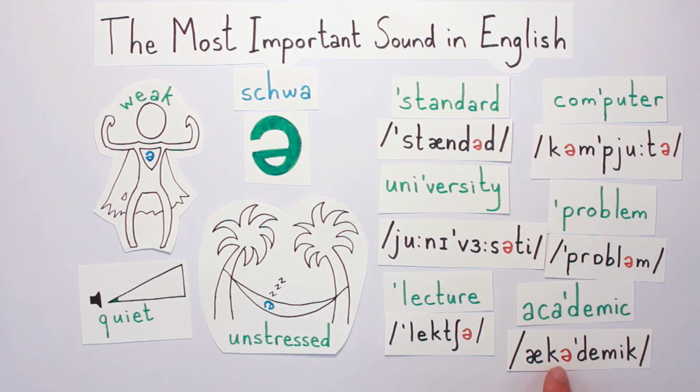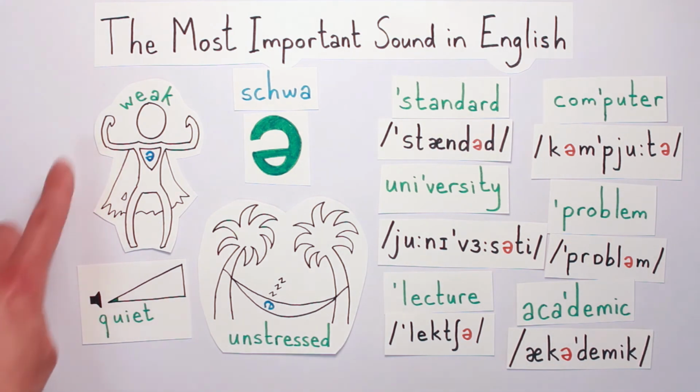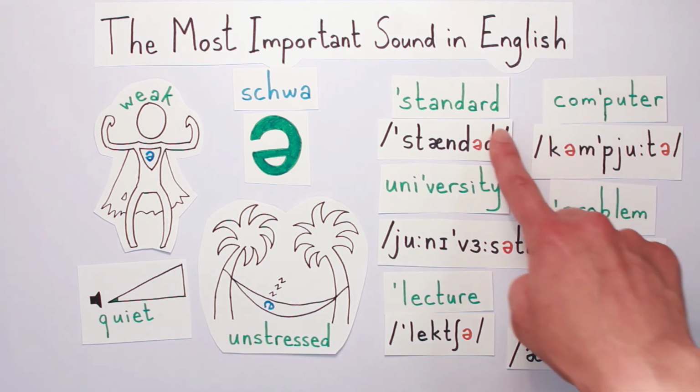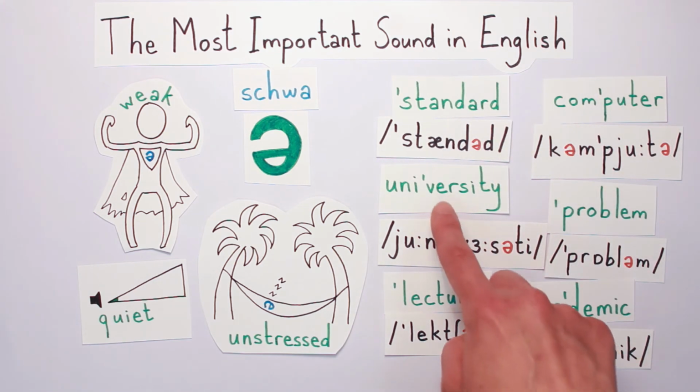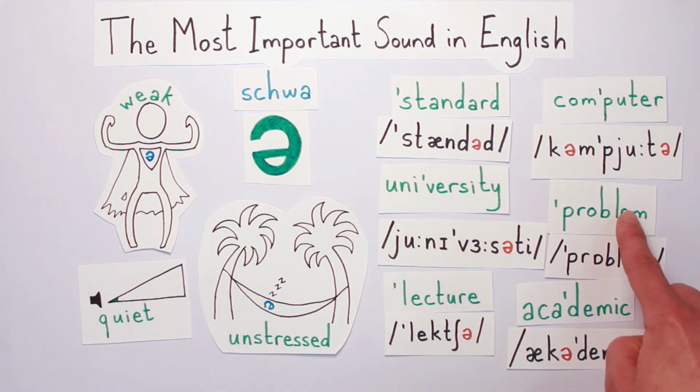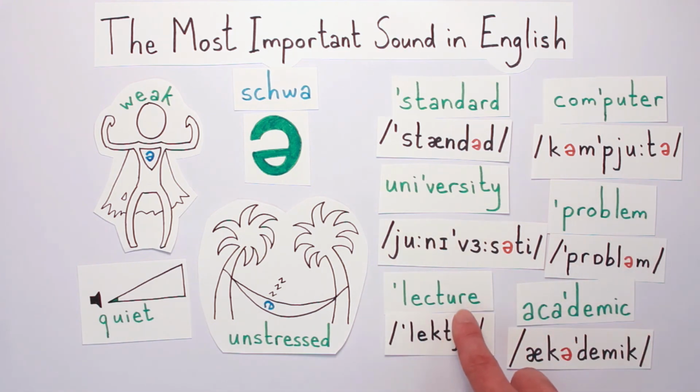Okay, here it is again. Here is that schwa. So it's a very small, weak, quiet and unstressed sound. And you can also see that it's a sound that appears as different letters. We've got AR here, ER, ER again, E here, URE, lecture, and A here, academic.